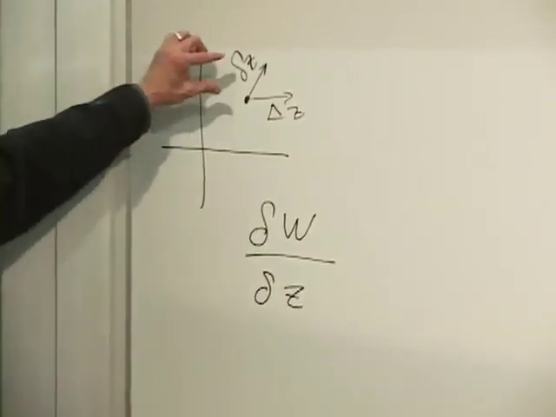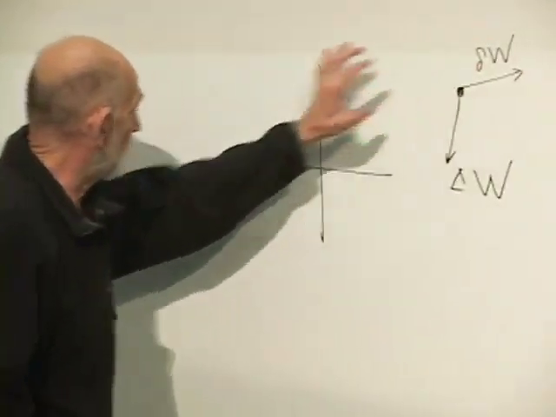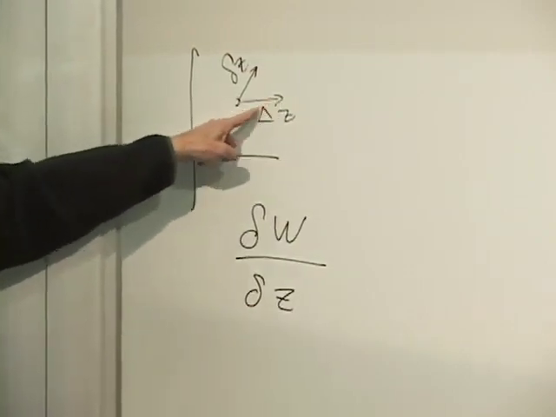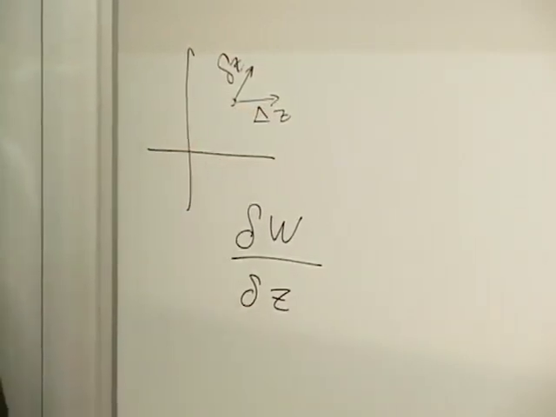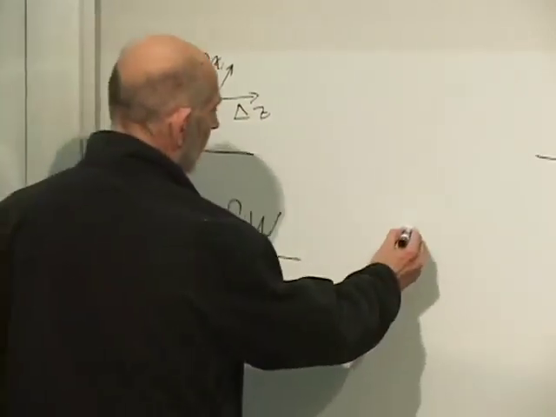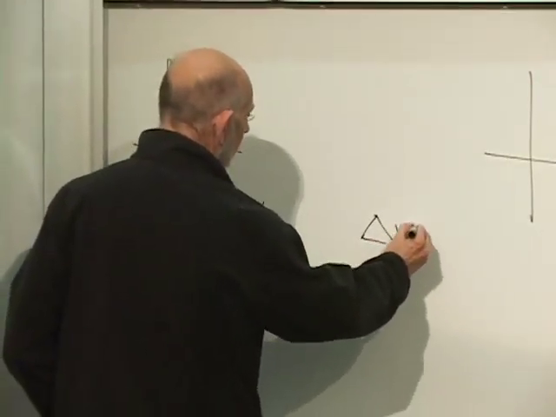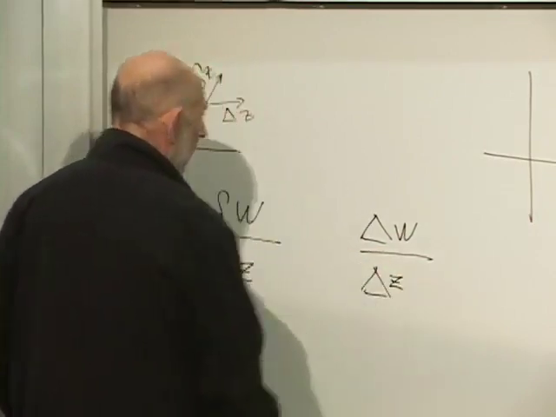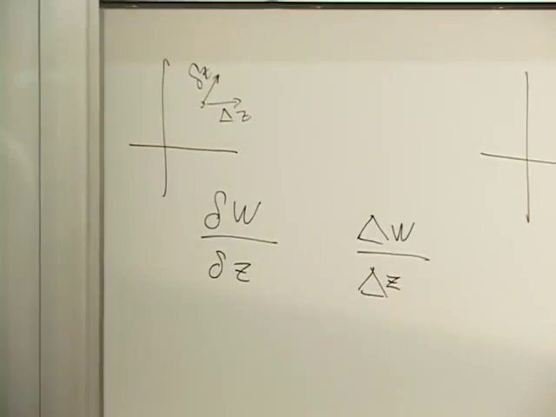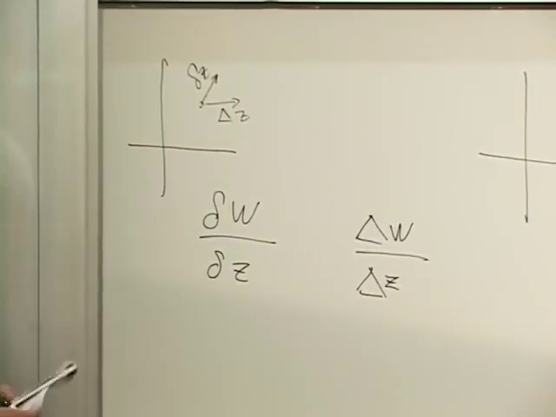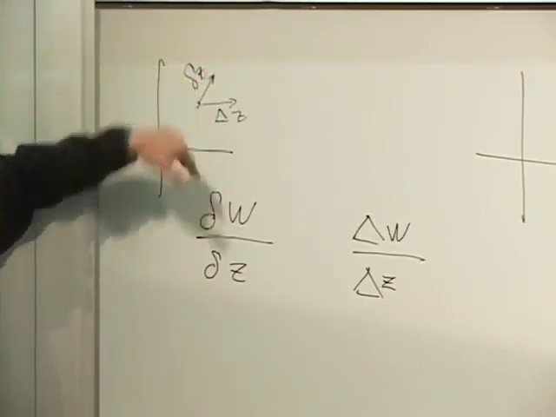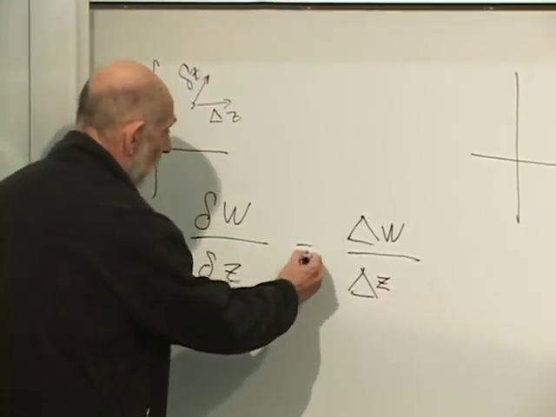But supposing I come along this direction here, then what is the derivative? Big delta W over big delta Z. Now, if w is really an analytic function, it means that this ratio doesn't depend on which direction you come in along. So it says that these two are equal.